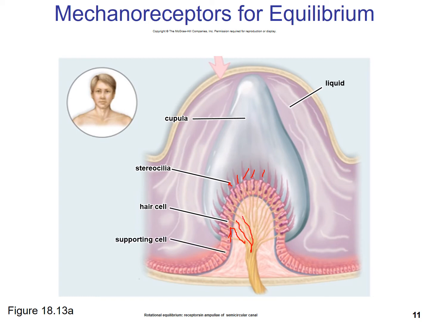And so the supporting cells here are actually not cells of perception. They're just there to form a scaffolding for the hair cells to rest on. And there's the vestibular nerve.